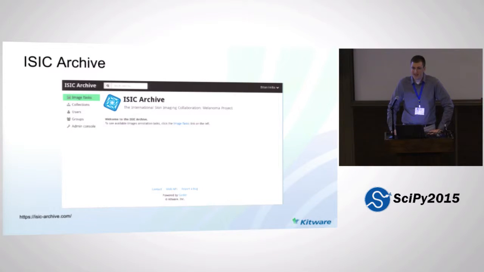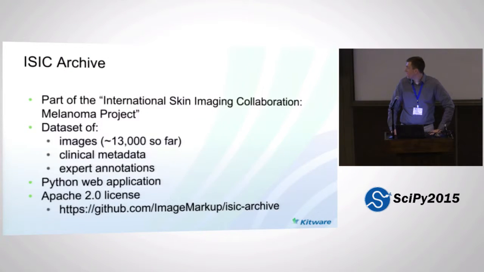So we've developed the ISIC Archive, which is a web-based tool to store images of lesions and clinical metadata associated with them, so things like the age of the patient, and also things like if that particular image was on a patient that later had a biopsy, what the results of that biopsy were.